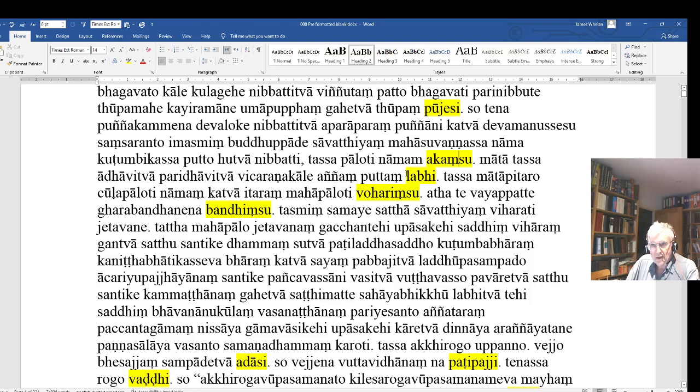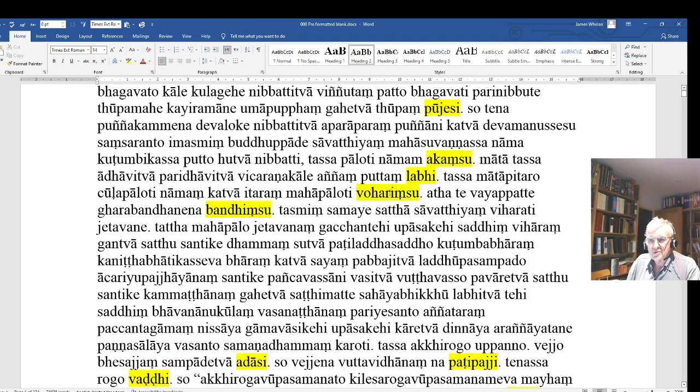Our verb labhati, he gets; labhi, he obtained, with the characteristic aorist ending, just with the i. It could equally have been alabhi. So anyam puttam labhi, he obtained another son. Voharamsu, from voharati, to decide or nominate, something like that.